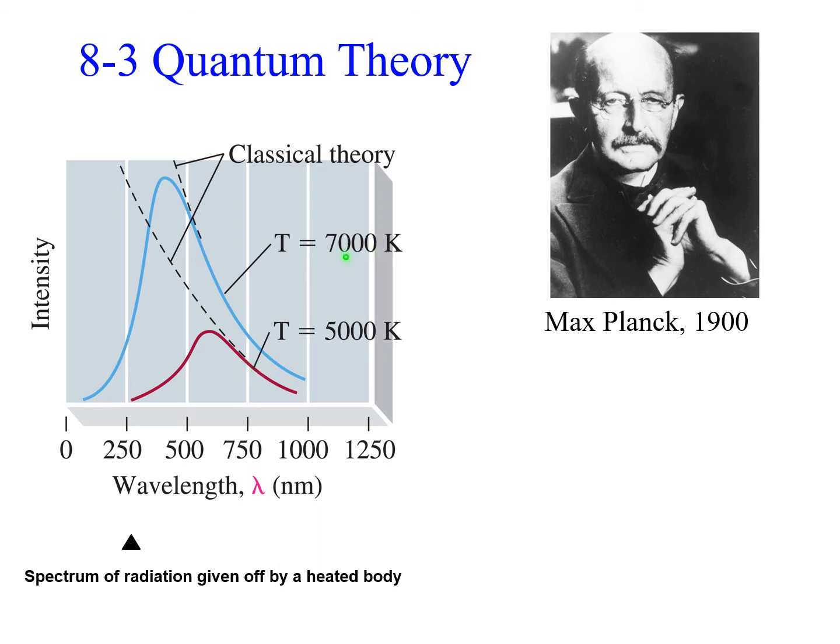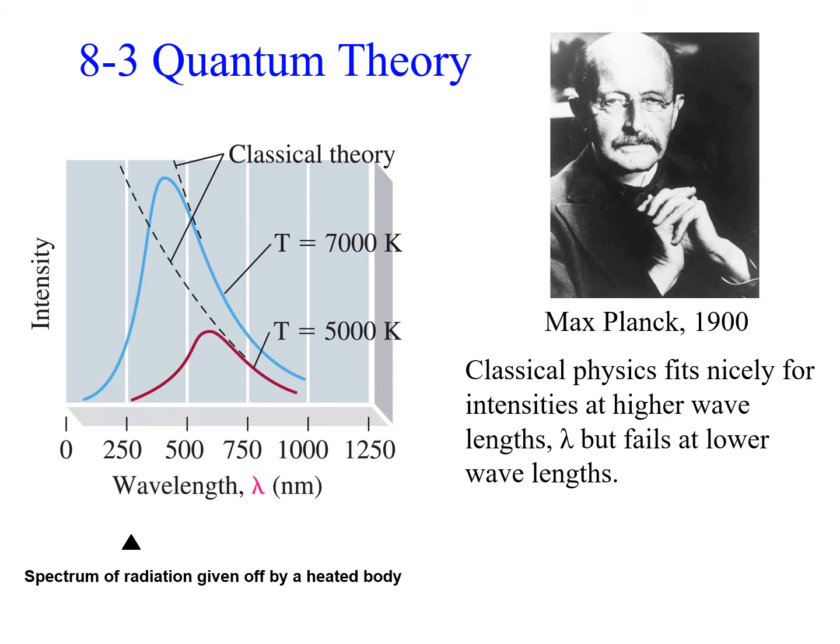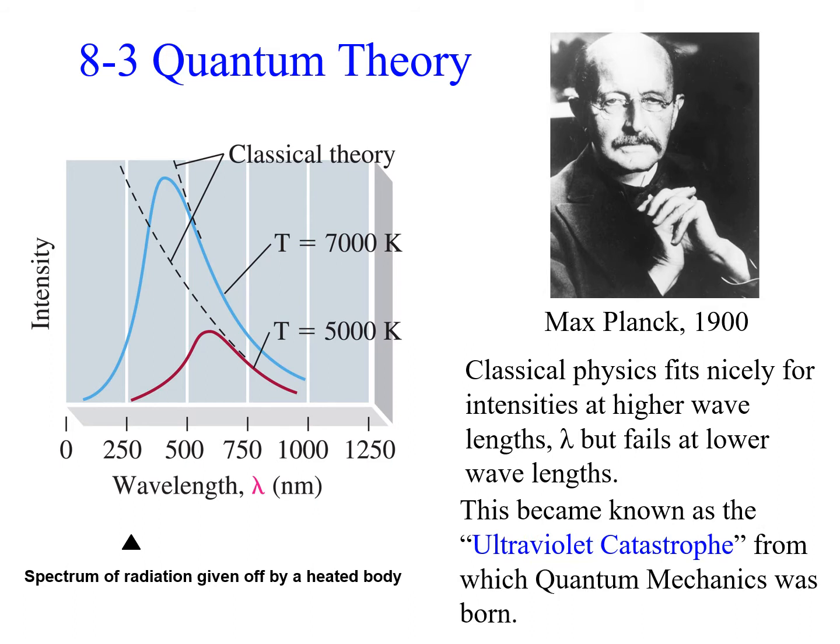And at 7,000 Kelvin, we had a higher intensity, as you might expect, as a function of heat. Classical physics fits very nicely for intensities at higher wavelengths up in here, but it fails at lower wavelengths. And so it became known as the ultraviolet catastrophe, from which quantum mechanics was born.